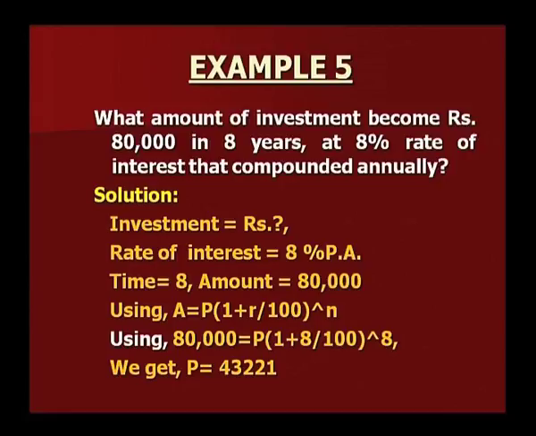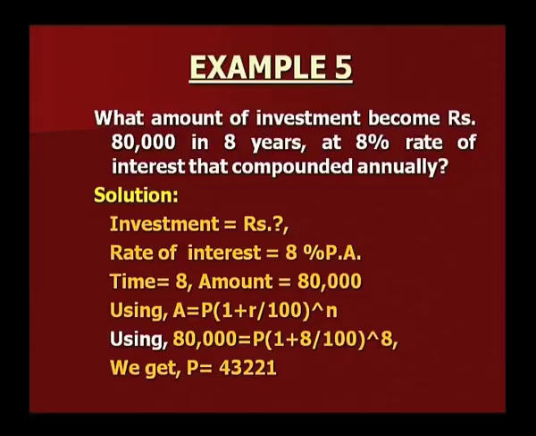Example 5. What amount of investment becomes rupees 80,000 in 8 years at 8% rate of interest compounded annually? Solution. Investment is to be found out, rate of interest is given 8% per annum, time is given 8 years, amount is 80,000.